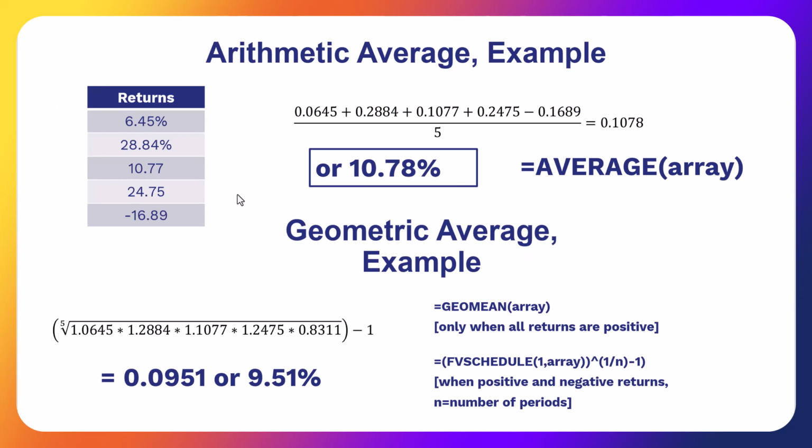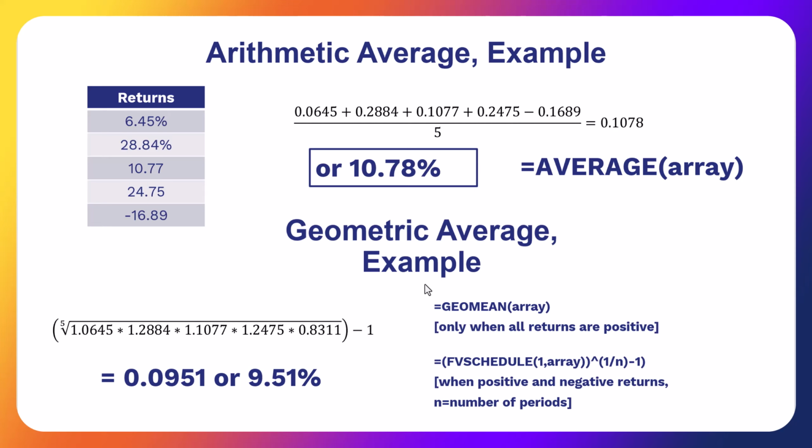So here's an example. We have a series of returns for these 5 periods, if you will. To find the average, you sum them up and divide by the number. If we did this in Excel, you would just use the formula equals AVERAGE, and then in parentheses, you highlight the column of numbers.